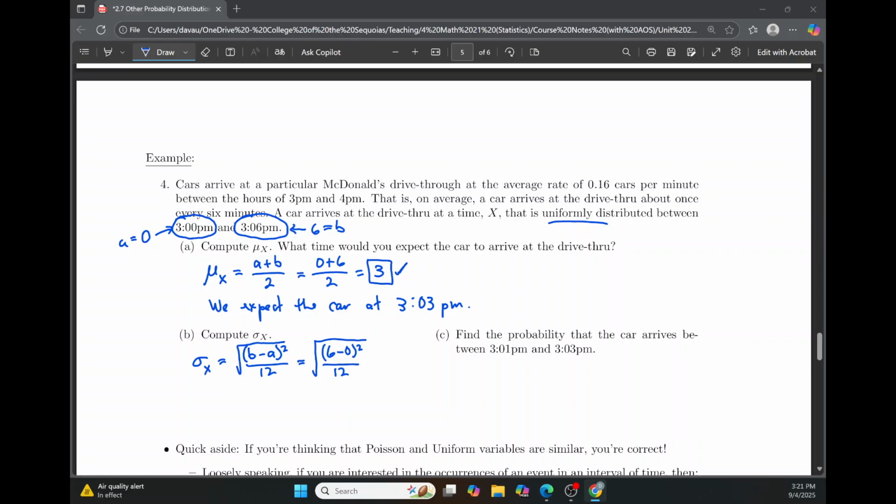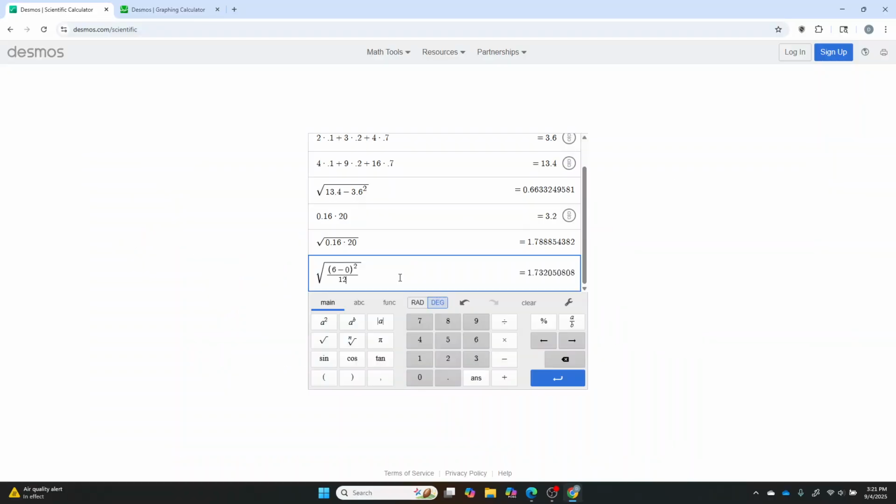So we'll do square root of (b minus a), right? (6 minus 0) squared, divided by 12. So it looks like that's about 1.7 or so.